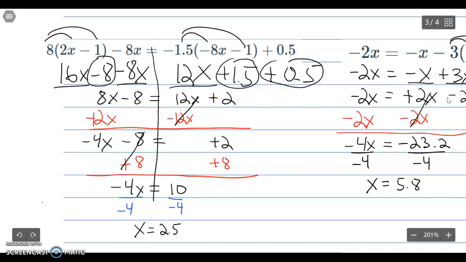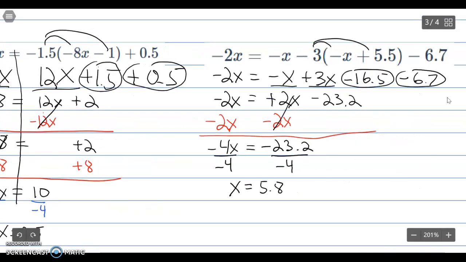Now here I'm just going to do a 3-step equation, and I'm going to move the variable to the left and then move the constant to the right. Okay. Then I get negative 4x is equal to 10. Then divide by negative 4 to get x is equal to 2.5. Just got to be really careful with your signs. That's usually where people go wrong, with the signs.